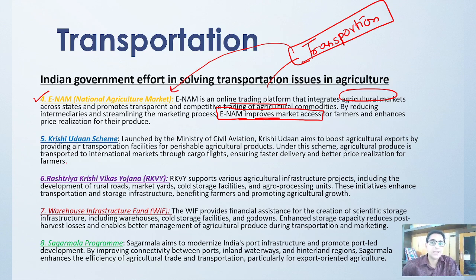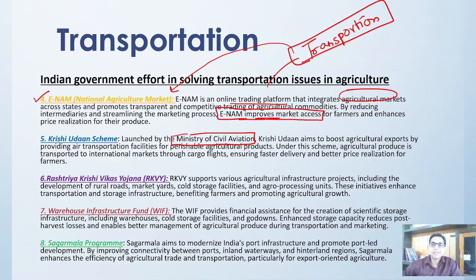Then the Krishi Udan scheme is there. It is of the Ministry of Civil Aviation. With Krishi Udan, if you have various types of products, horticulture products or very good quality products, you can transport them outside, like the Middle East, Europe, USA, UK, and various other places.